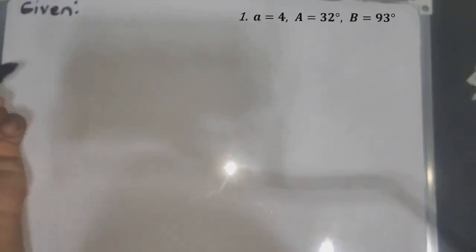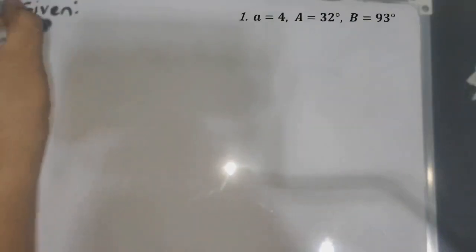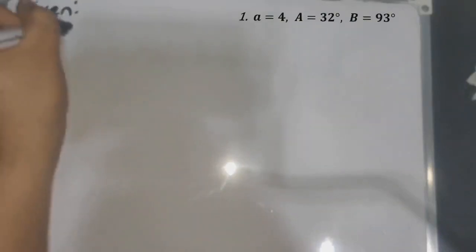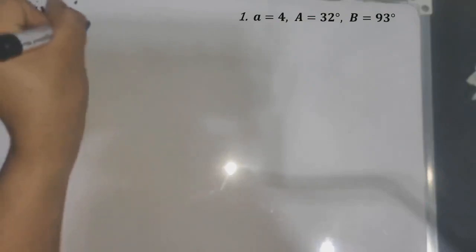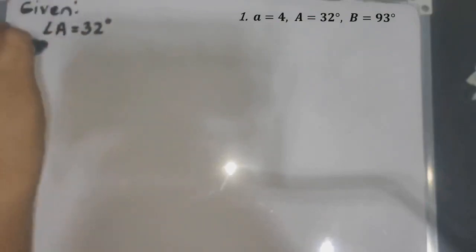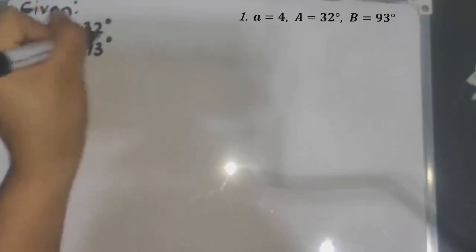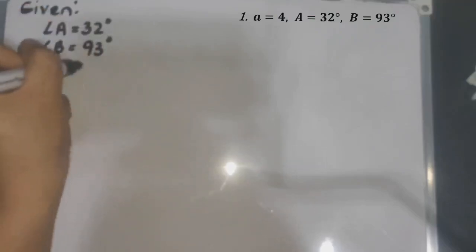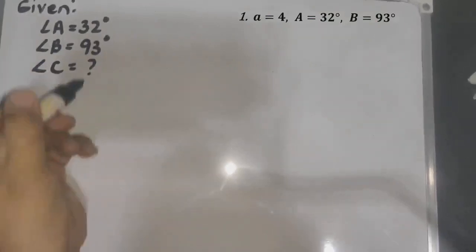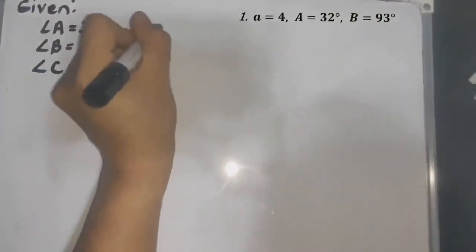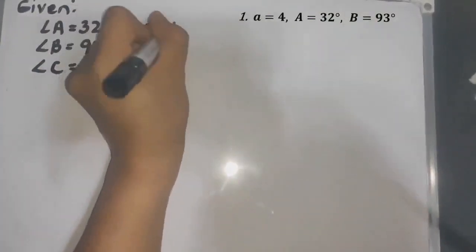So, ang given natin, side sa angle muna, angle A is 32 degrees, angle B is 93 degrees, angle C, yan yung unknown natin or nawawalang value natin. Next is sa side. Sa side A is 4.